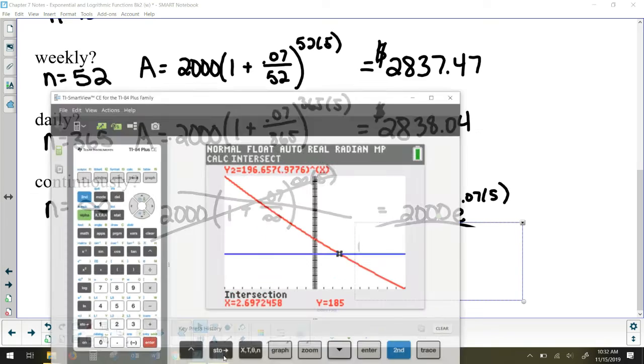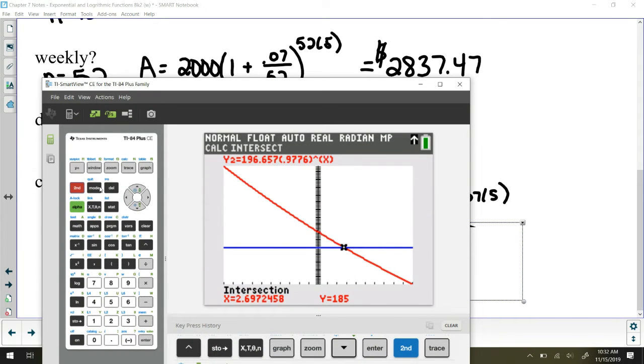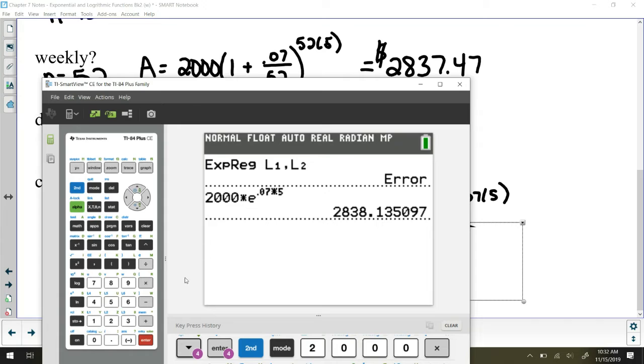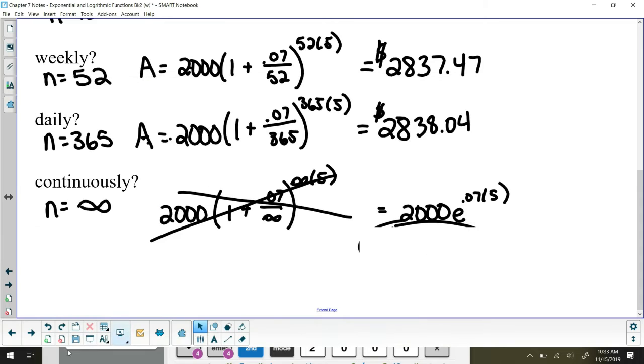2,000 times second divide is your e, 0.07 times 5. 2,838.14, and 14 cents is what that ends up being.